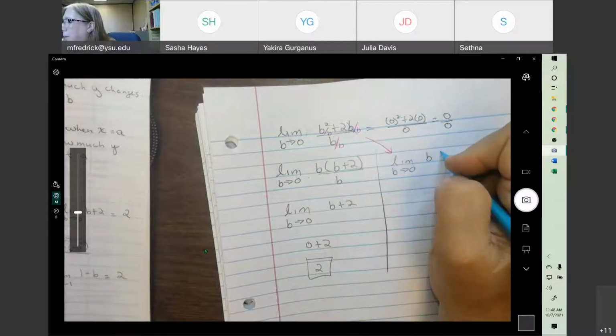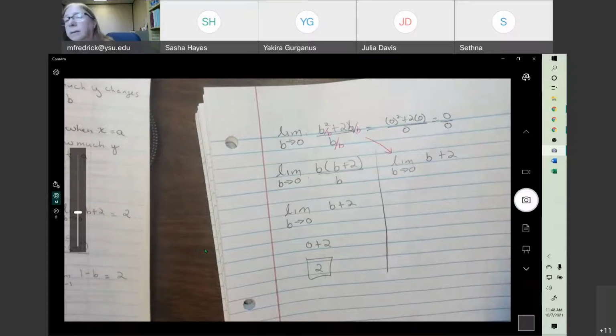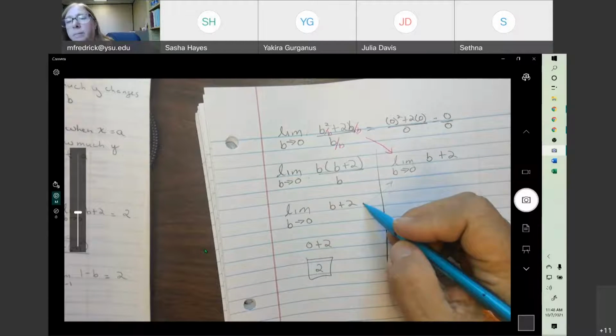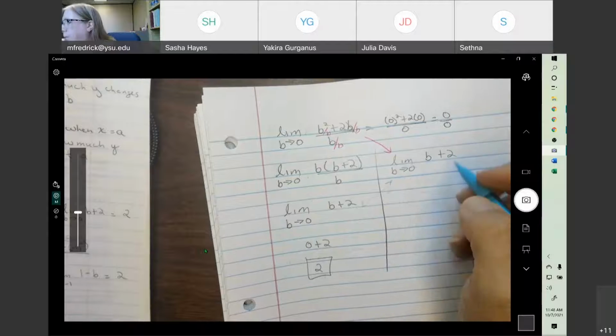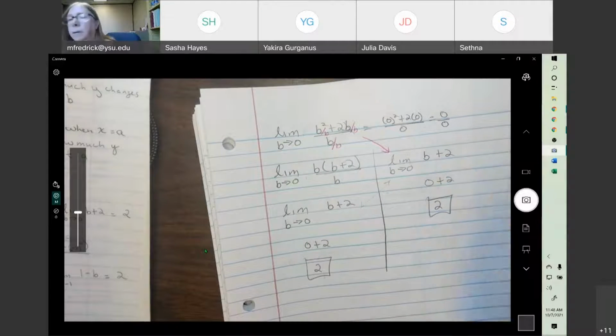These two cancel and leave plus 2, and this cancels and leaves a 1. So it kind of skips a step. Then you plug in your value. So either way, you're getting the same answer.